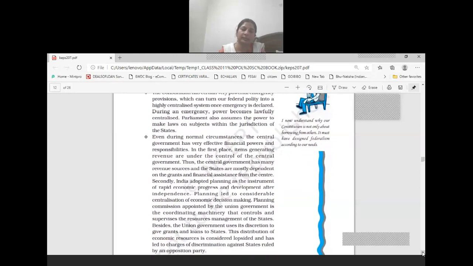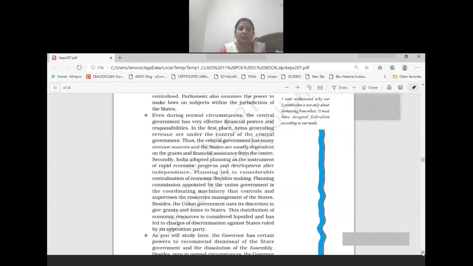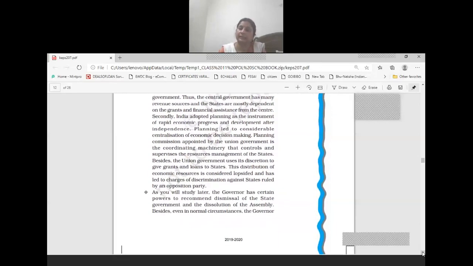And then we saw that in our constitution, all the financial power and responsibilities have been given to the central government. The items which generate revenue are under the control of the central government, and the state government has to depend on grants and financial assistance from the center.